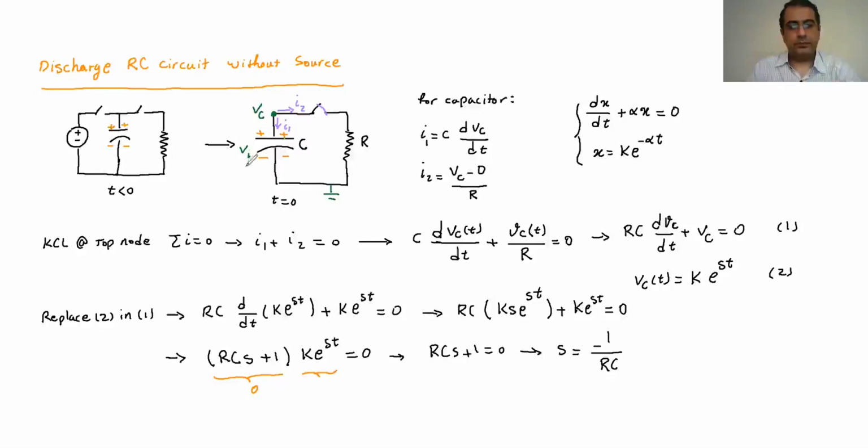When I charge this completely, the voltage here has become VI after it's fully charged. So I know at time 0, it has that initial voltage in it. So the initial voltage in the capacitor is VI. So I know that.